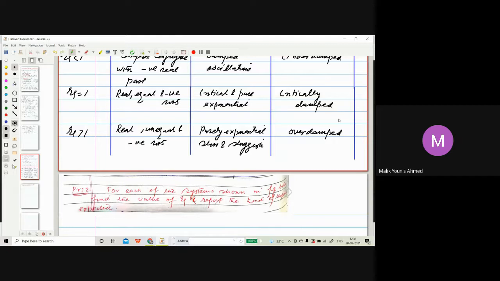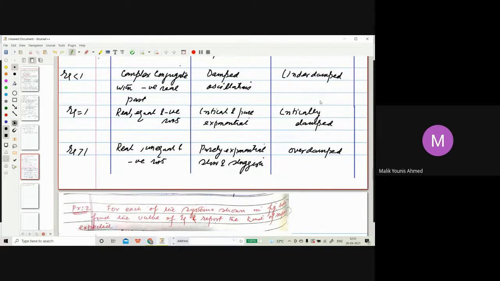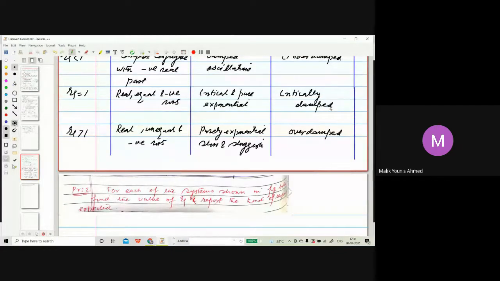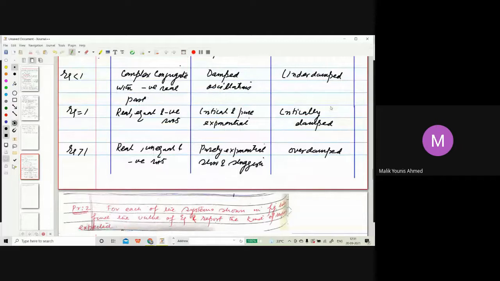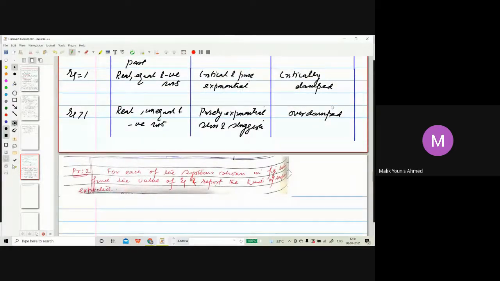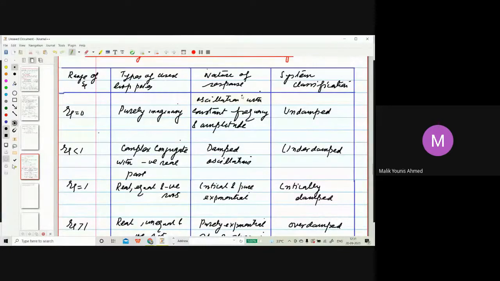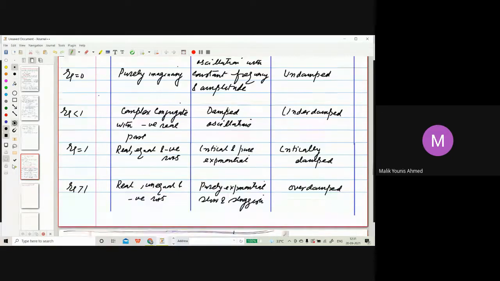I hope with the given theory you have understood what should be the value of xi. If it is 0, then it is undamped; less than 1, underdamped; equal to 1, critically damped; and greater than 1, overdamped. So you should also know that sometimes in the GATE examinations, only the nature will be given, and you have to identify the xi, or you have to identify the response. Sometimes only the type of the closed loop poles will be given.